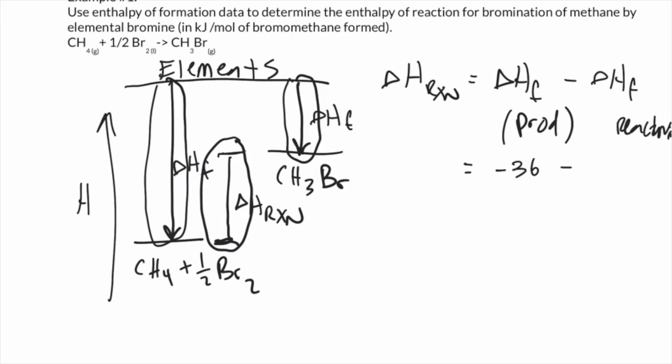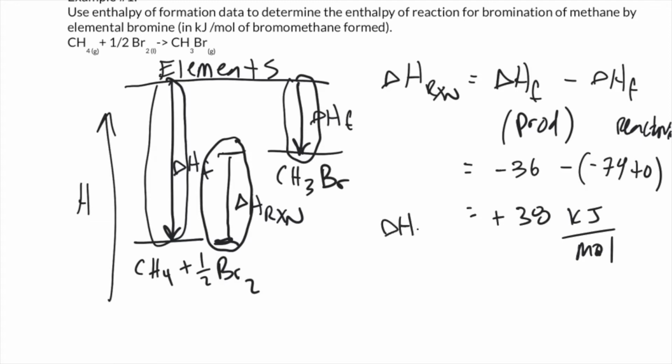So minus 74 plus 0. Okay, if we do the math, we find out that the difference is positive 38 kilojoules per mole. Okay, so the heat of reaction is positive 38 kilojoules per mole. That would mean that this reaction is endothermic.